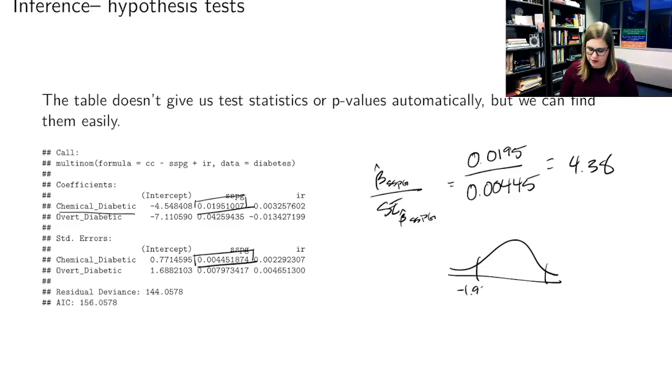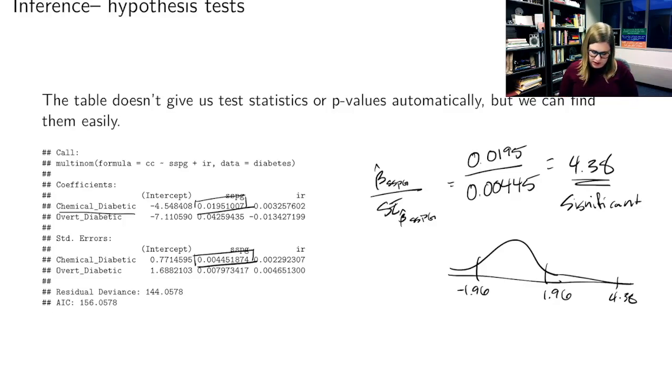I know that anything that is greater than 1.96 or less than negative 1.96 is going to be significant. 4.38 would be way out in the tails. So I think this is significant. I think that SSPG is a significant predictor of the odds of having chemical diabetes compared to being normal.